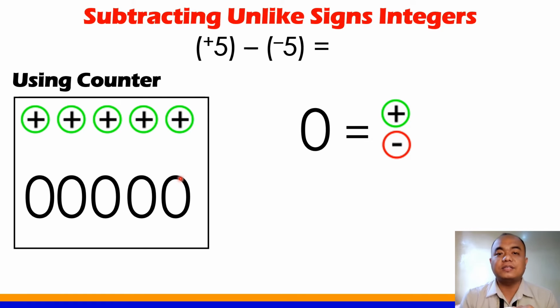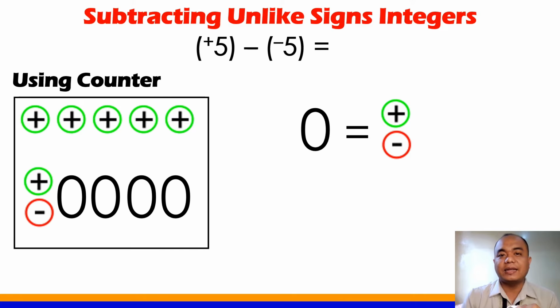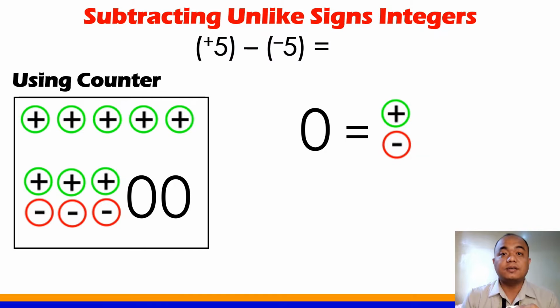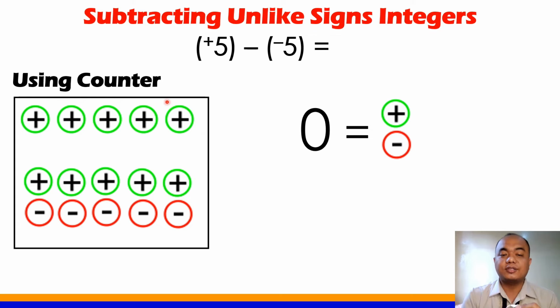Okay? So, please observe. Yan, yung 0 na yan, papalitan natin ng ganyan. Di ba? Ito din. Kasi nga, 0 is equal to positive 1 plus negative 1. Yan. Ito na yung ating counters na nasa loob ng ating box. Okay? So, meron na tayong negative dito.